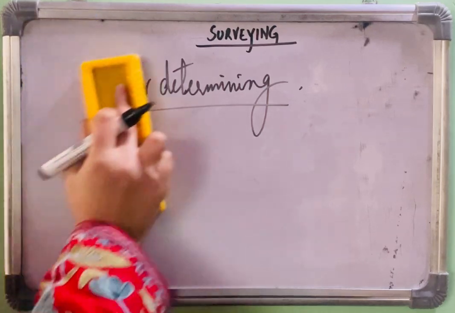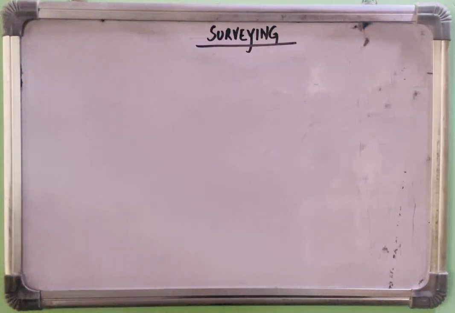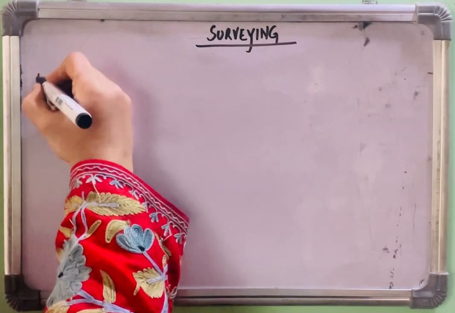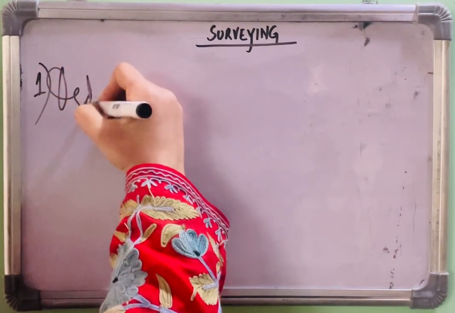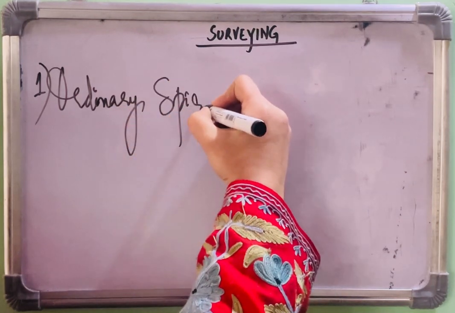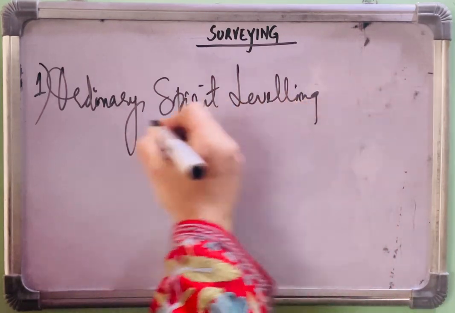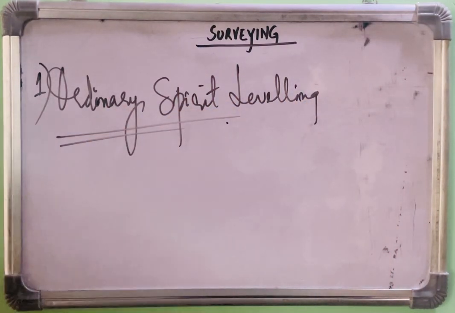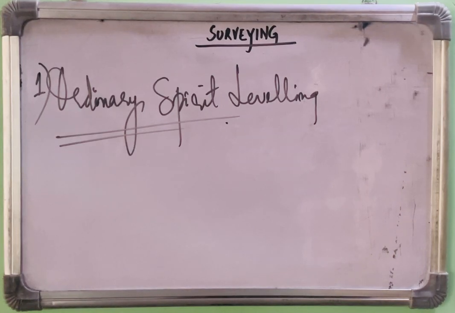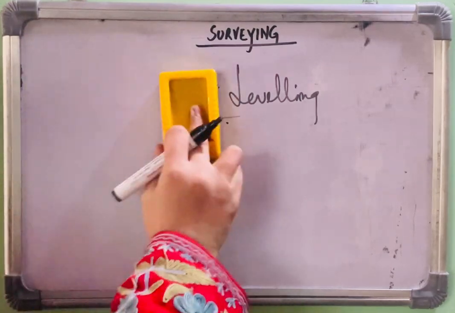The first one is ordinary spirit leveling. In this method, we use a level to establish a horizontal line of sight. Let me explain this with the help of a diagram.